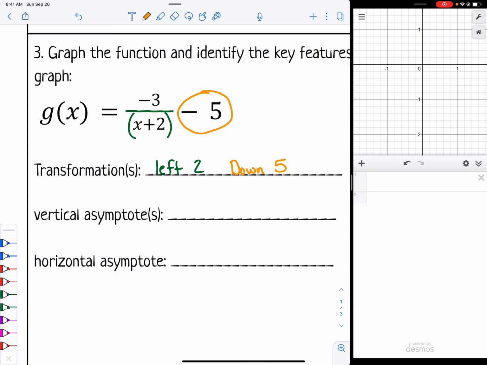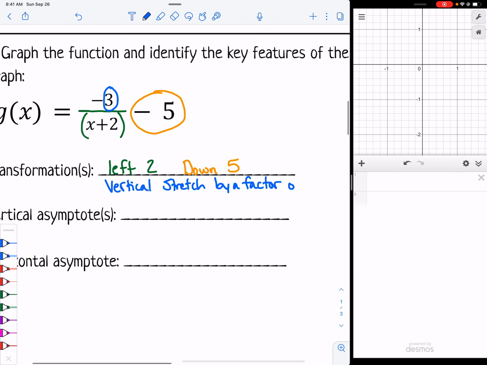And the other thing we look at is the numerator. If it's not a 1, see how this one's bigger than 1? Then this one has a vertical stretch by a factor of 3. And one more thing, it's negative. When there's a negative out front, it will make the function reflect over the x-axis.